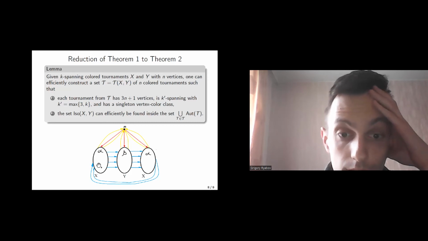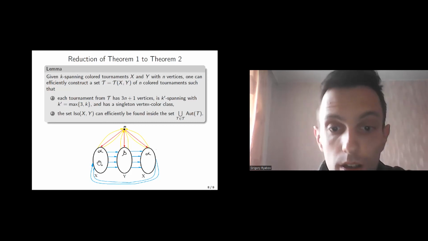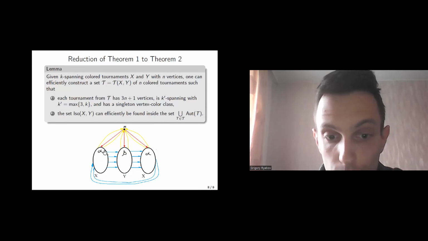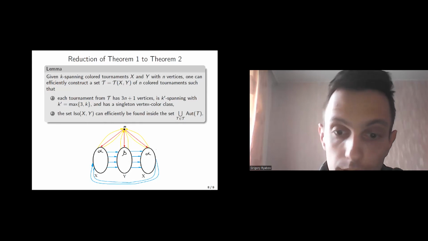And what about arcs adjacent to the new vertex mu? We add 3 arcs: from mu to one copy of alpha, from mu to beta, and from mu to the second copy of alpha. And these 3 arcs will be of the same color. And one more arc color class is formed by the following arcs: from each vertex of the first copy of X except alpha to mu, from each vertex of Y except beta to mu, and from each vertex of the second copy of X except alpha to mu.